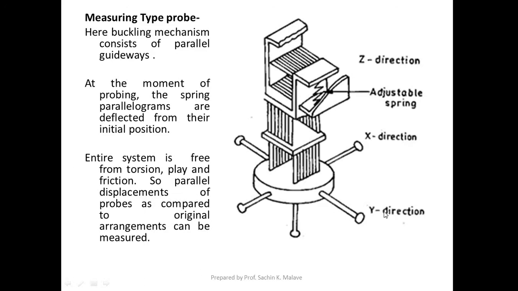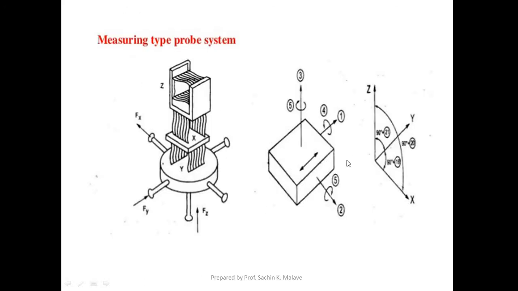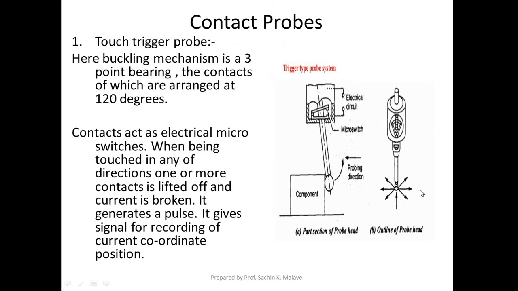As you can see here, this probe has a buckling mechanism which is a 3-point bearing, the contacts of which are arranged at 120 degrees around the circumference. These contacts act as electrical micro switches. You can see this probe is there.